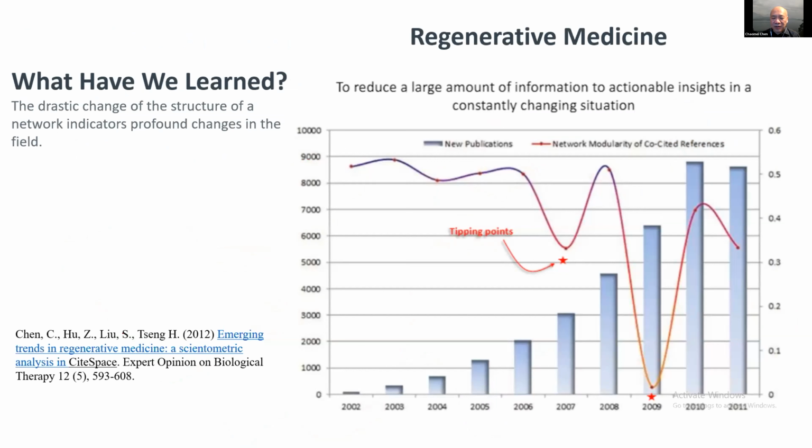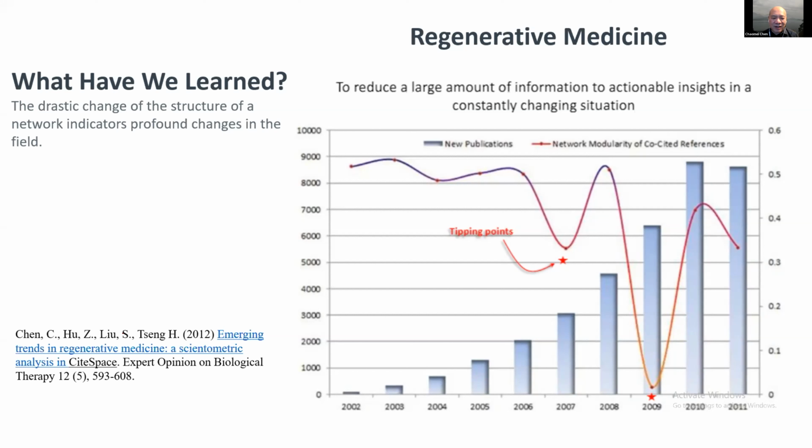So the second example we have learned from is regenerative medicine. You see, this is a different topic, different from mass extinction. But again, this is also a good example to show that we are not domain experts. We have no knowledge about this domain either.